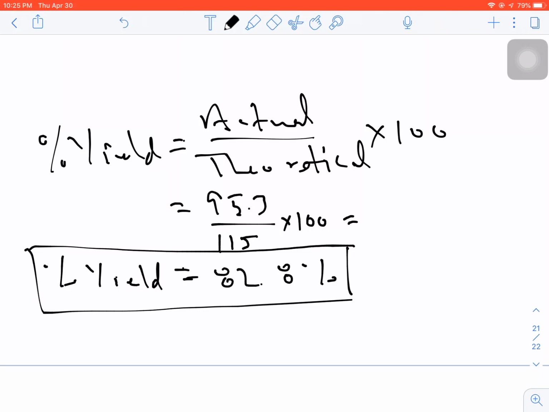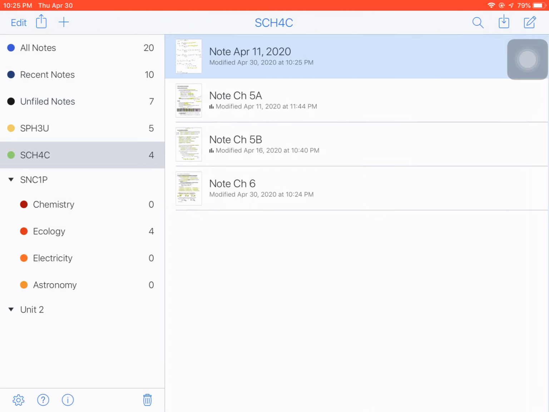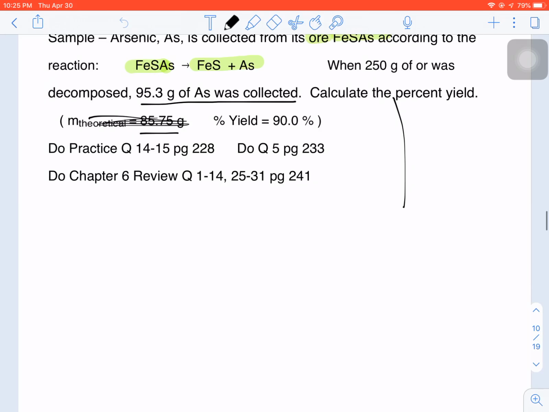Okay, so that's what percent yield is. Okay, so I am going to finish there and leave you with the last 3 questions. Maybe I've made a mistake somewhere in my calculations because something doesn't look right.